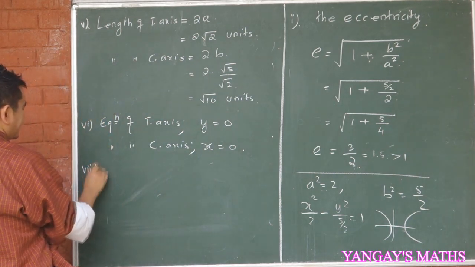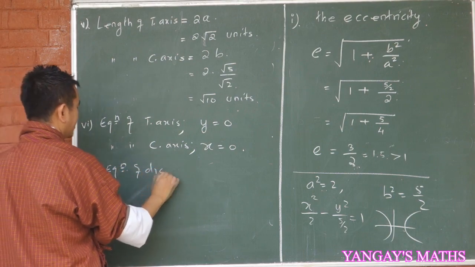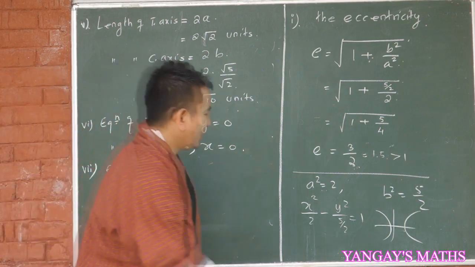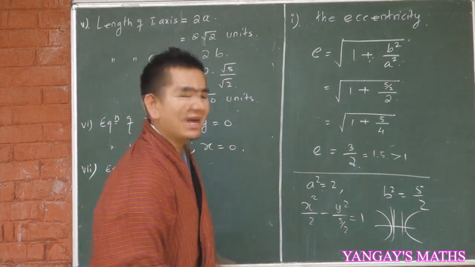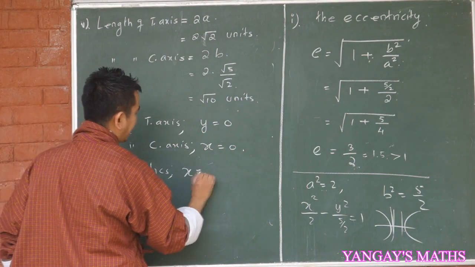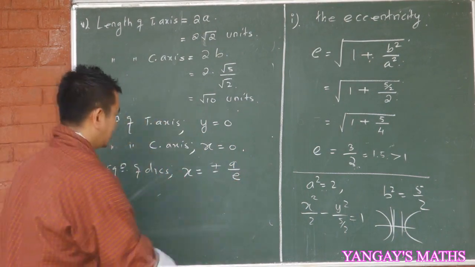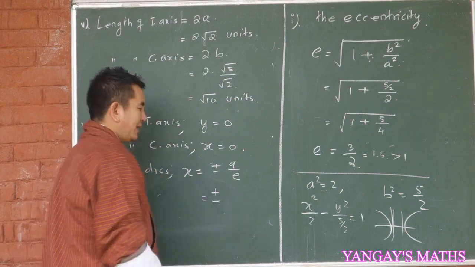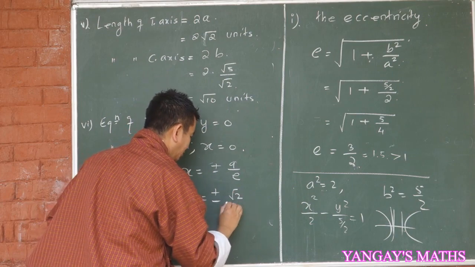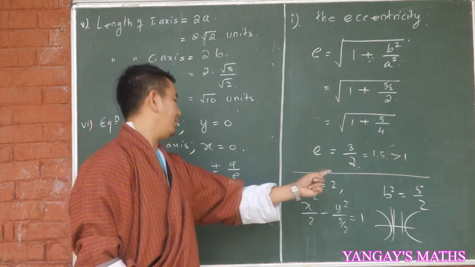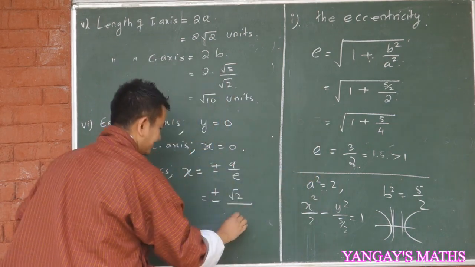Number 7, equation of the directrix. You know it's a horizontal hyperbola, so where will the directrix be? This will be the directrix. It is intersecting the x-axis. So what's the equation of the directrix? X is equal to plus or minus A divided by E. Which is equivalent to plus or minus, the a value is root 2, divided by the E value, 3 by 2.